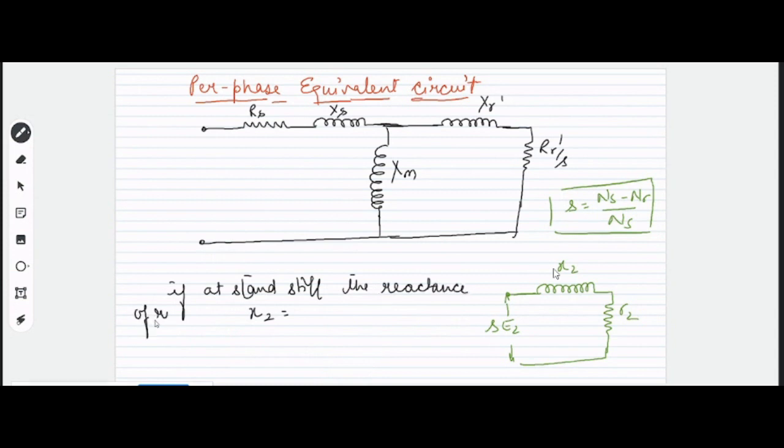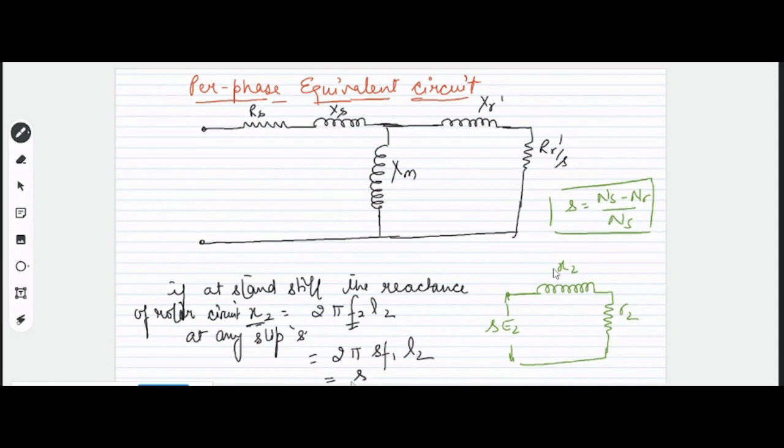That means it will be equal to 2 pi F2 L2, where F2 will be equal to F1 at standstill. So at any slip S, what will be the value of X2? It will be 2 pi S F1 into L2, as F2 is S F1.